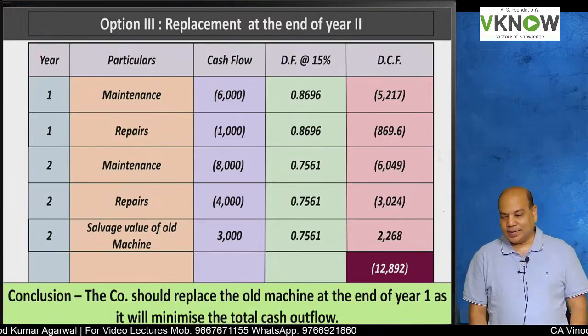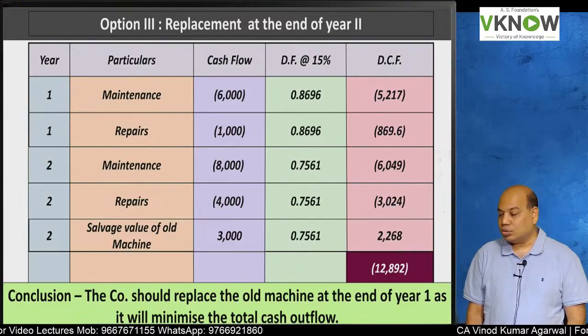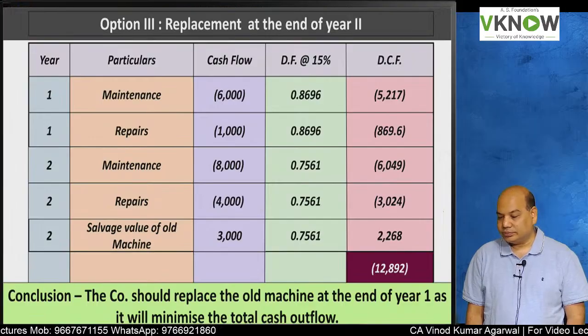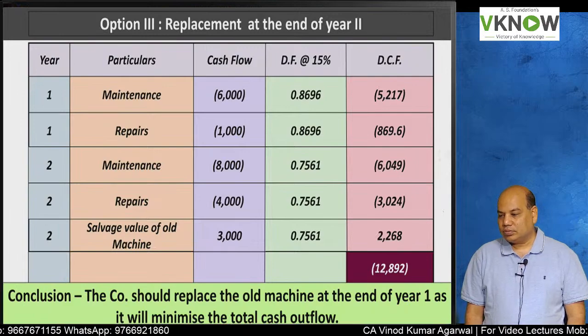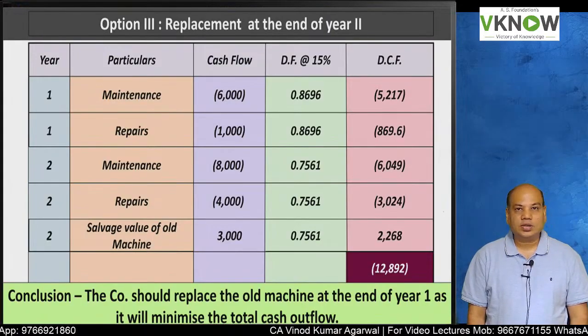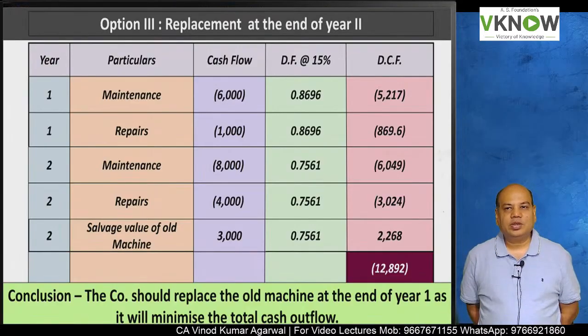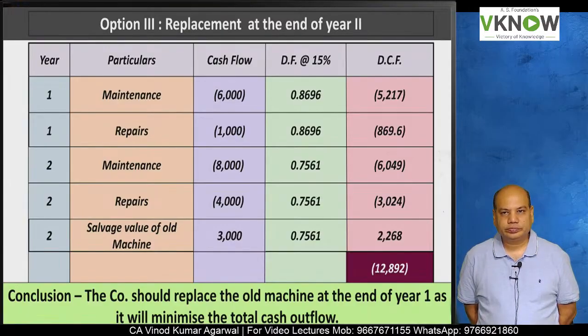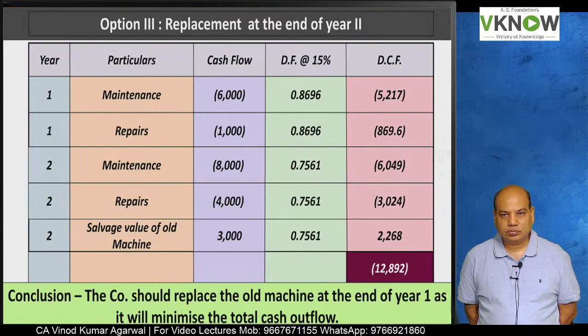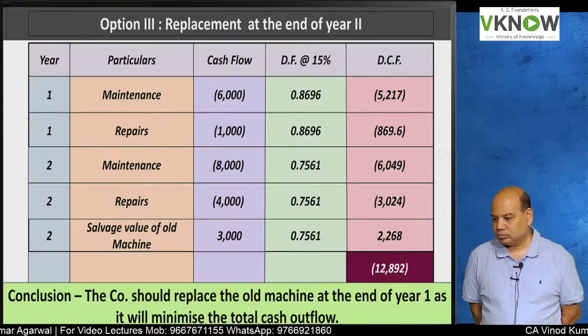Write down the conclusion. The company should replace the old machine at the end of year 1, as it will minimize the total cash outflow.